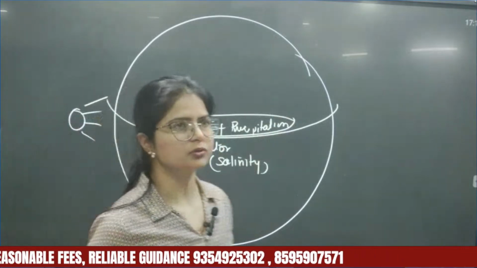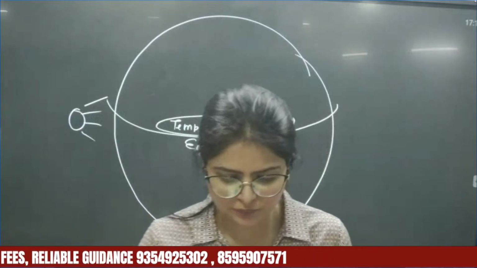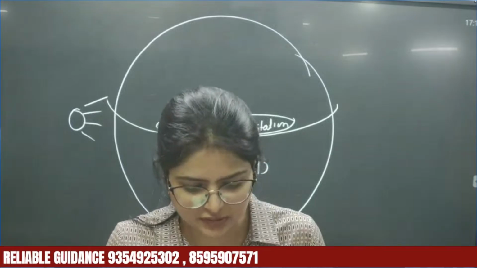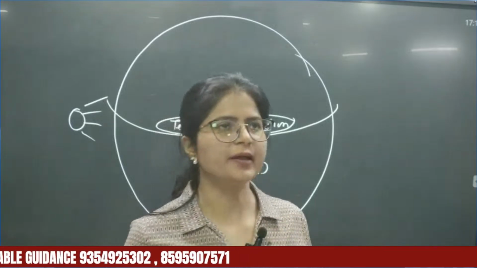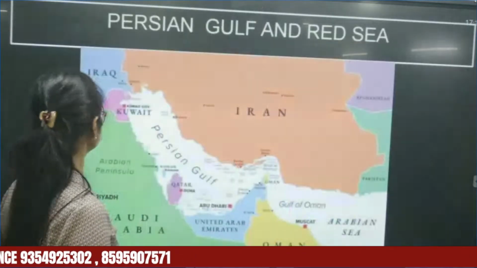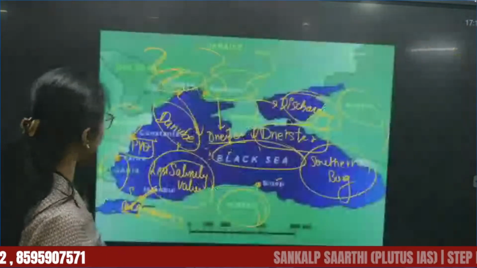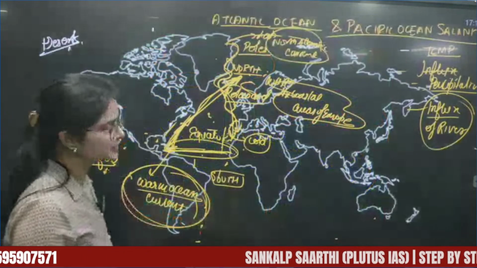So write down, under geographical location: areas at different latitudes experience varying amounts of sunlight. Where is that slide where I have explained to you? Just look at the board.